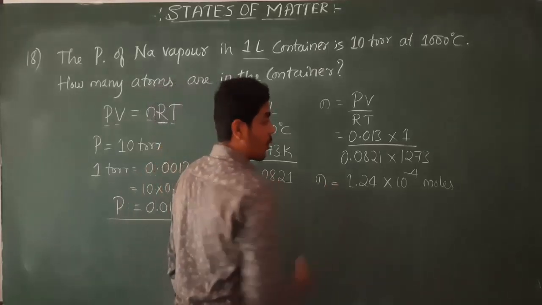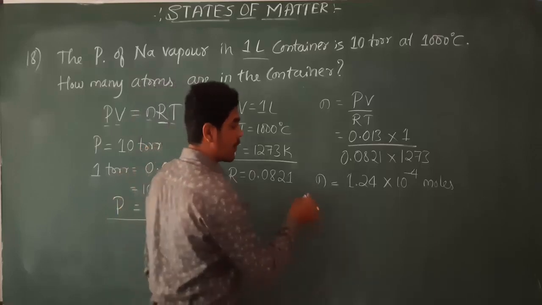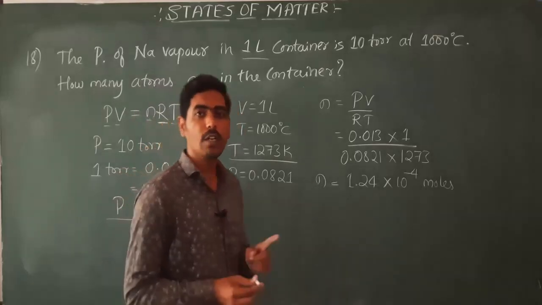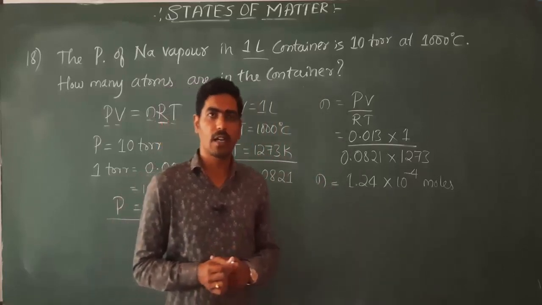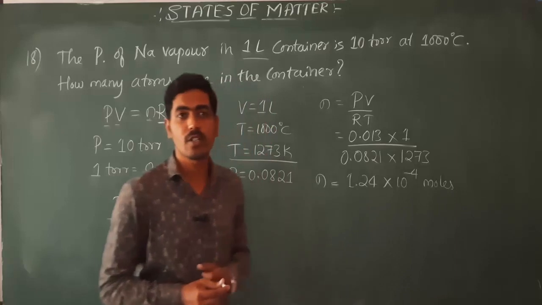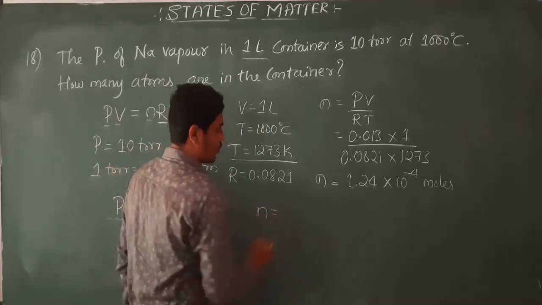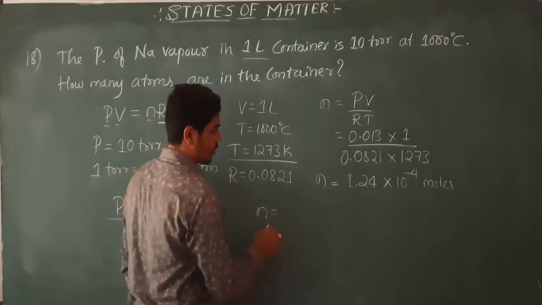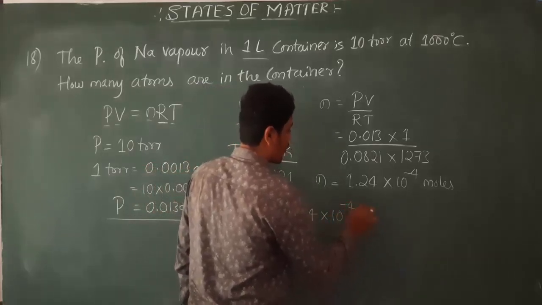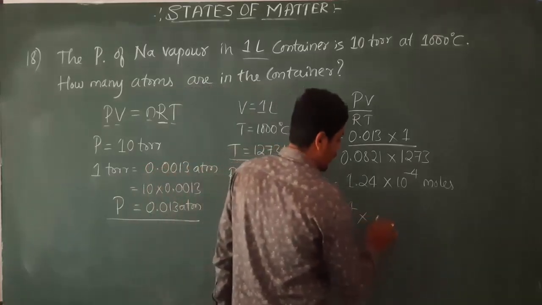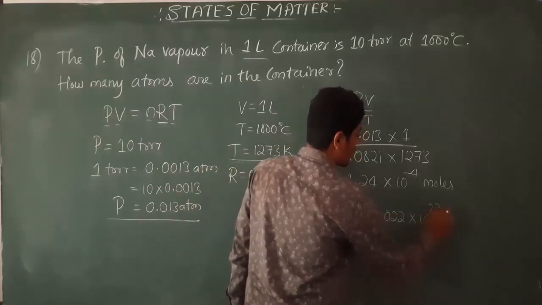Now find the number of particles. How you will find the number of particles? Simply use the Avogadro's number. As you know, 1 mole of any substance contains Avogadro's number of atoms or molecules, that is 6.022 into 10 raised to 23. So number of atoms is equal to 1.24 into 10 raised to minus 4 into Avogadro's number, that is 6.022 into 10 raised to 23.